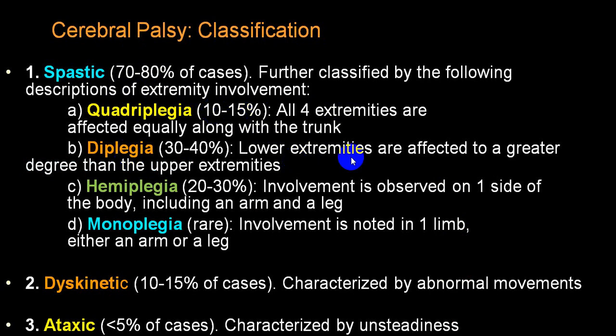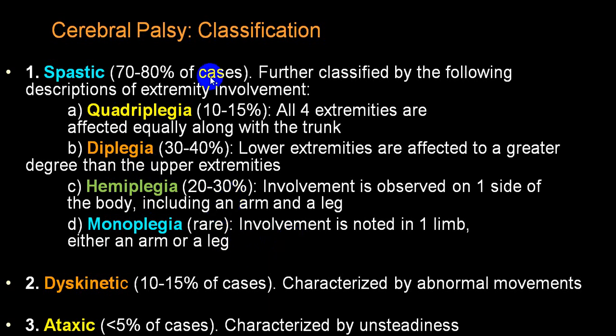Diplegic means lower extremities are more affected as compared to upper extremities, and it accounts for 30 to 40% of those groups. In hemiplegia, one side of the body is involved, that is arm and leg, which accounts for 20 to 30%. Diplegia and hemiplegia are the major groups, and then comes quadriplegia. Monoplegia is usually rare, where either the upper limb or lower limb is involved.